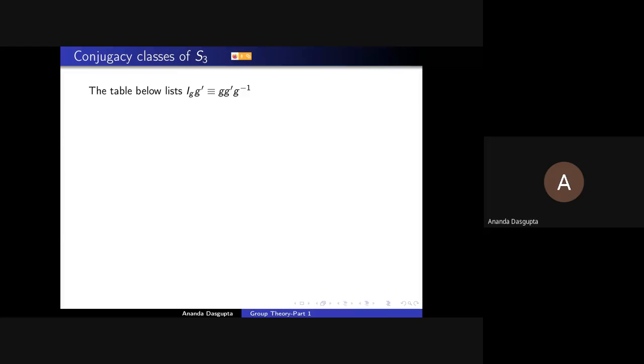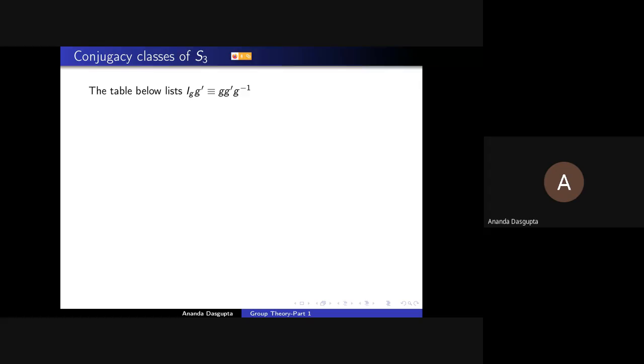So that essentially says that if you apply IG on a given element G prime, for all the elements G1, G2, G3, etc. in the group, then you will ultimately end up collecting all the elements of the group which are conjugate to G prime. That is, you are going to get the G prime's conjugacy class.